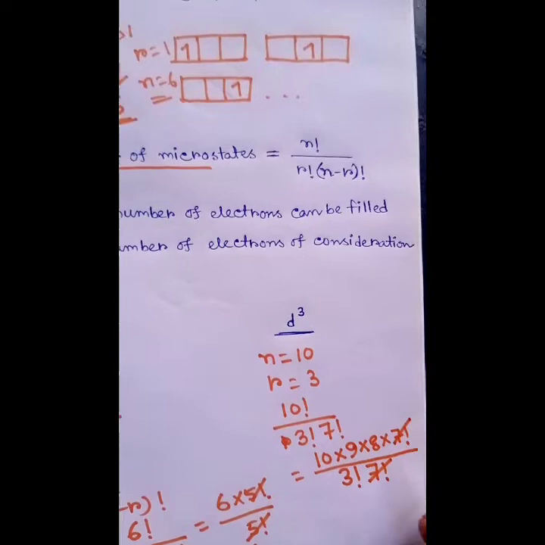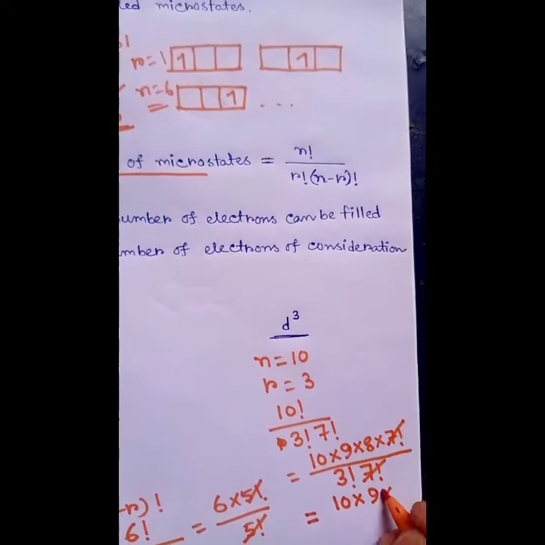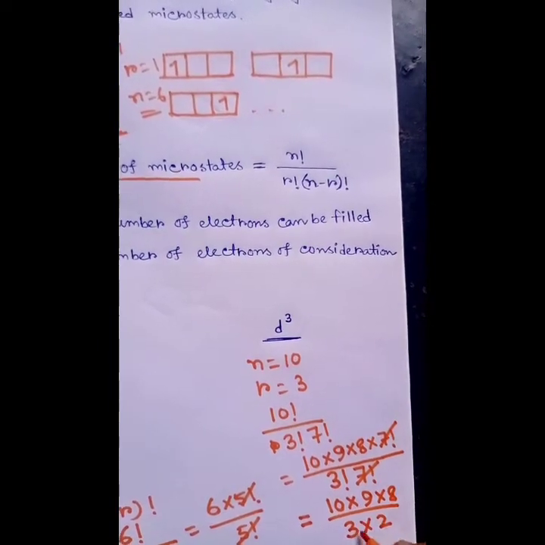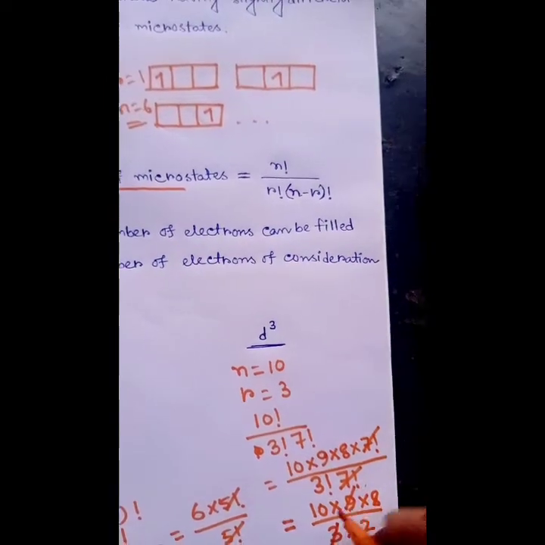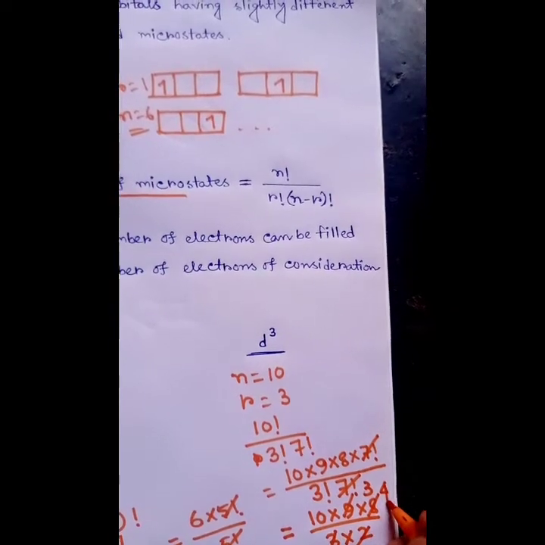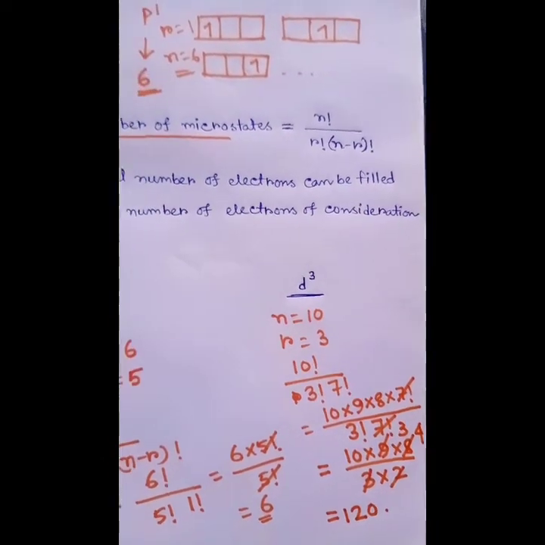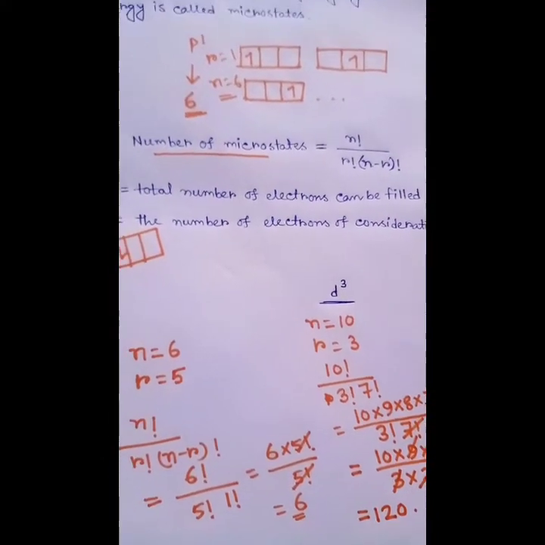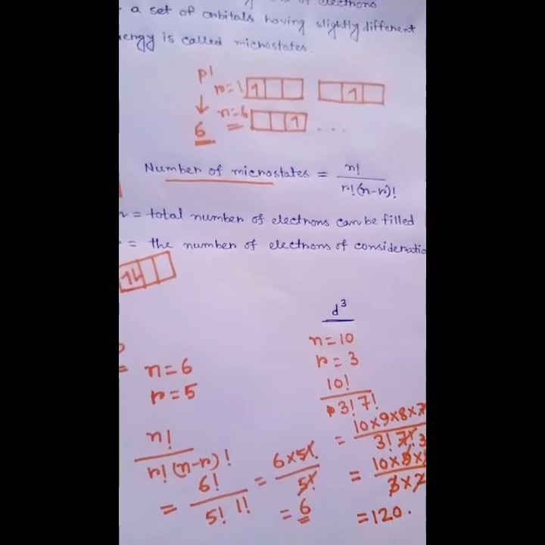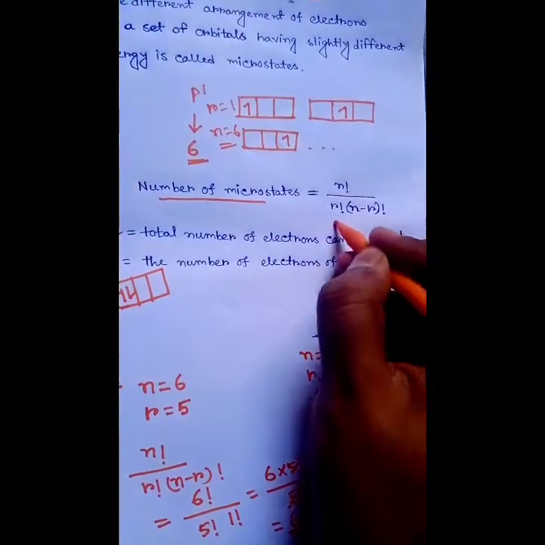The 7 factorials will cancel each other. So 10 into 9 into 8 by 3 into 2. So 3 into 3 here will be 3 and 2, 8 will be 4. So the total number of microstates for the d3 electronic configuration will be 120. So here I have shown that for different kinds of electronic configurations we can calculate the number of microstates very easily using this formula.